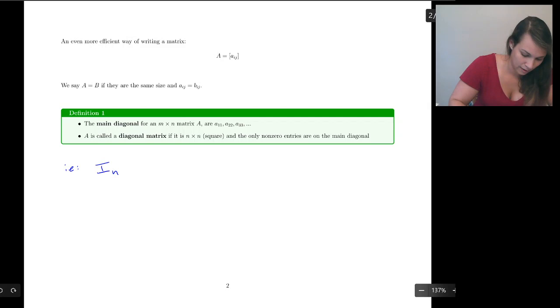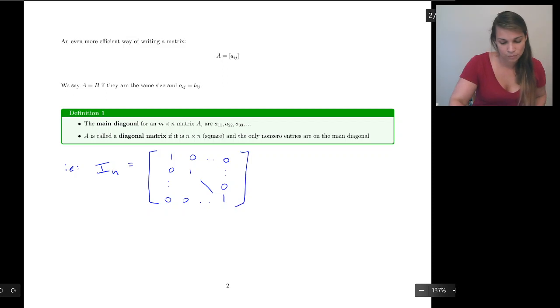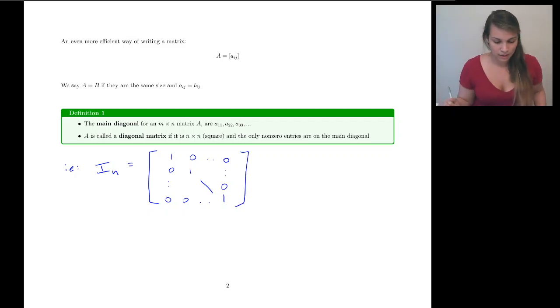So for instance, we have In. He's got 1s on your diagonal and then 0s everywhere else, like that. So a classic diagonal matrix would be the identity matrix.